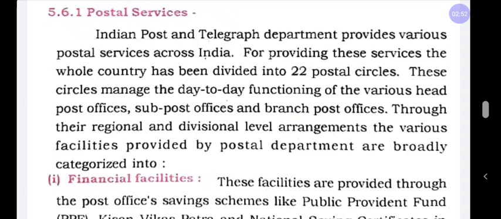Each post office or sub post office has a head office or a regional or divisional office. And postal services do not only offer sending or delivering of post, they offer a wide variety of services.